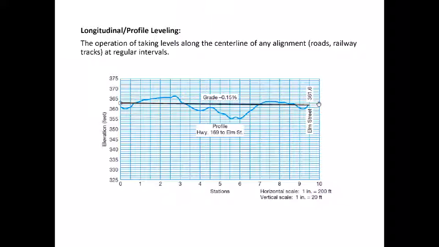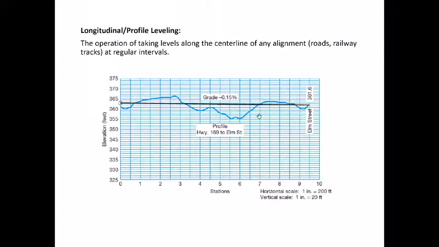Then we have longitudinal and profile leveling. We actually talked about this. It is the operation of taking levels along the center line of an alignment. Basically you do this when you want to construct roads or railway tracks or water supply pipelines, sewerage pipelines. So whenever you have a linear project that goes in a linear direction and covers a pretty significant distance, you want to build a profile of the land.